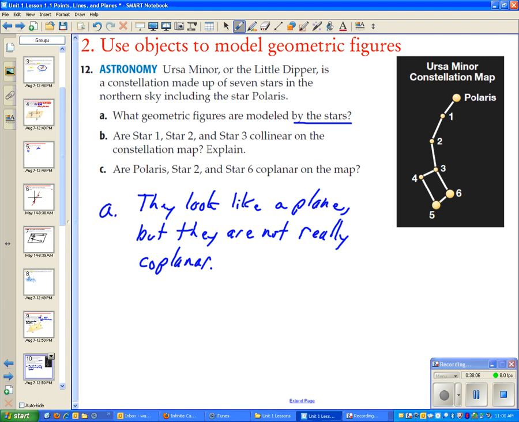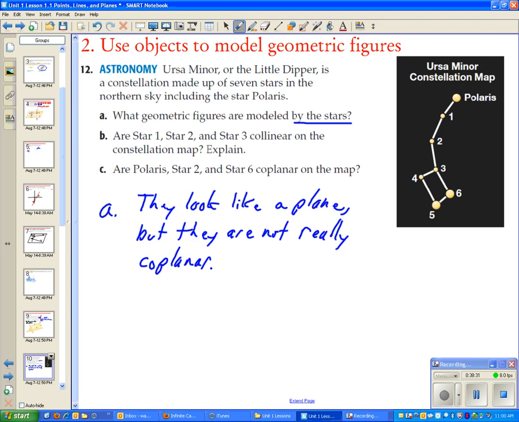Do you think the book's just talking about the pictures? Well, here in Part B, I think they are, because in Part B they say, are star 1, star 2, and star 3 collinear on the constellation map? So I think they might have just left the word map out of Part A, okay? Because if you look at that map, it is a plane then, isn't it? The map's flat, okay?